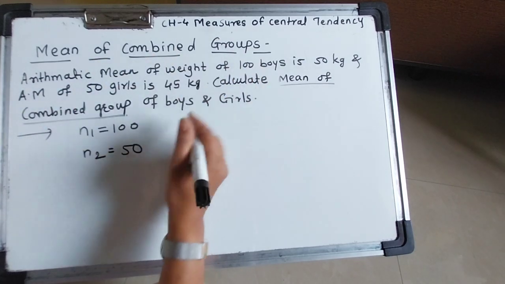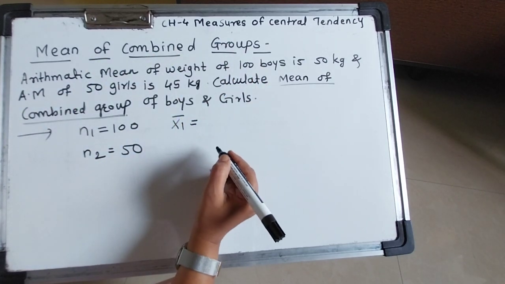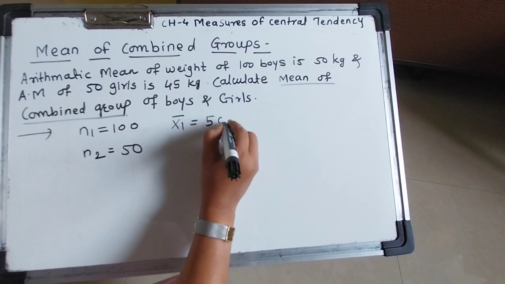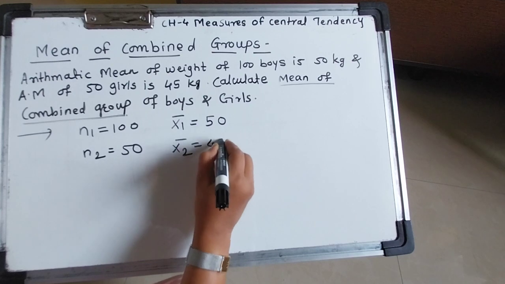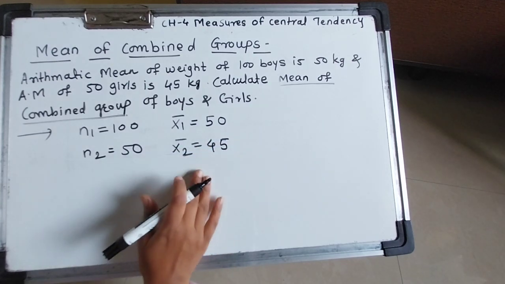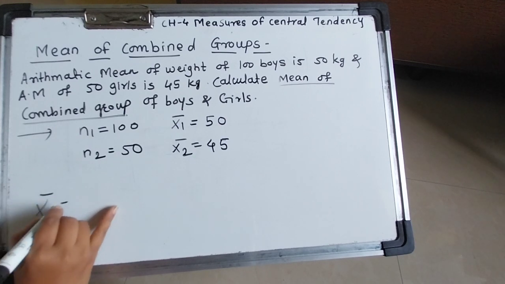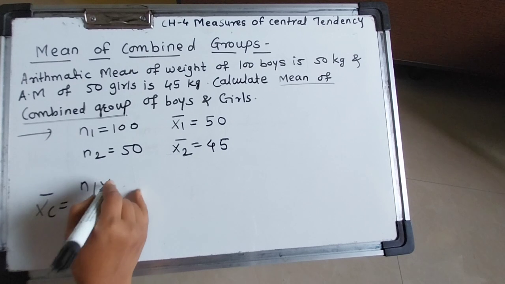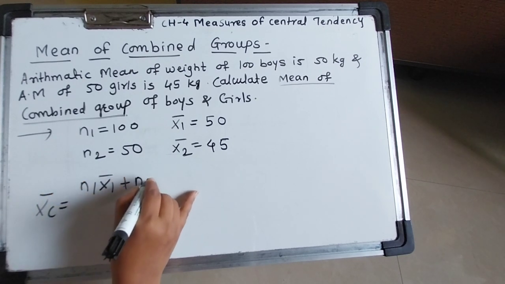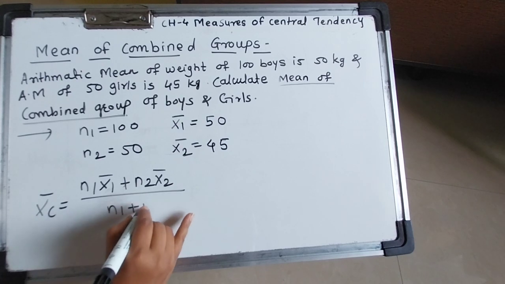Arithmetic mean weight means x1 bar is 50 kg, x2 bar is 45 kg. Everything is given here. Use the formula. What is the formula? xc bar is equal to n1 x1 bar plus n2 x2 bar upon n1 plus n2.